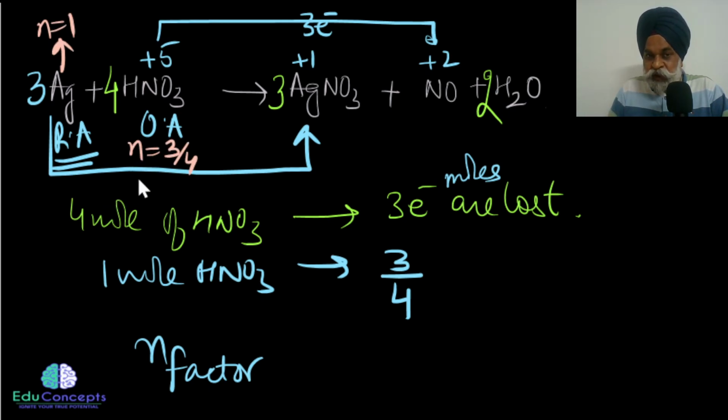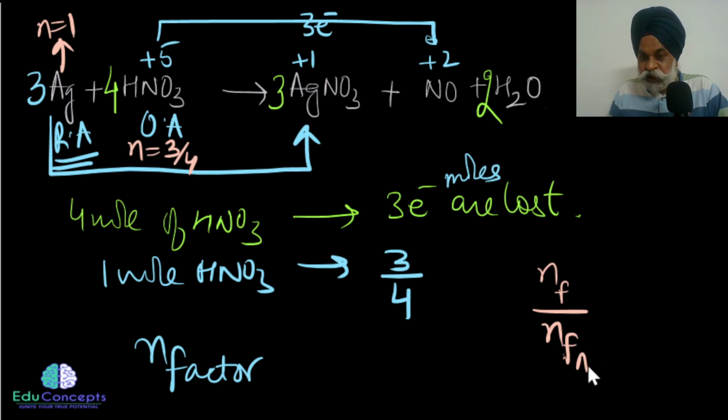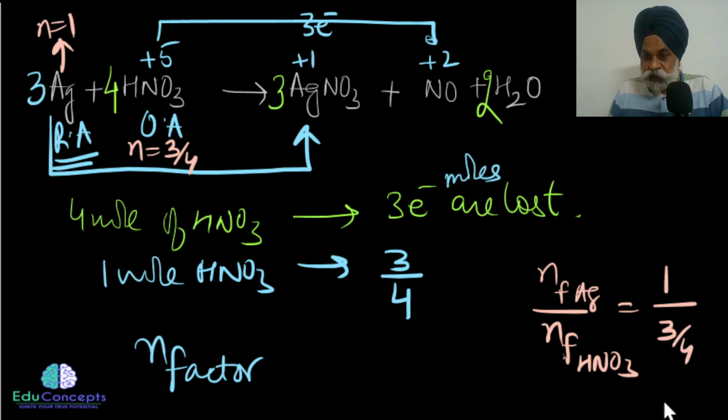And now if you write the n factor of first one divided by n factor of the second one, that is the HNO3, if you would reciprocate that, n factor 1 upon 3 by 4, so you happen to get 4 by 3. 4 by 3 is the stoichiometric coefficient. So that point of view, it is also quite important to have a view onto it.